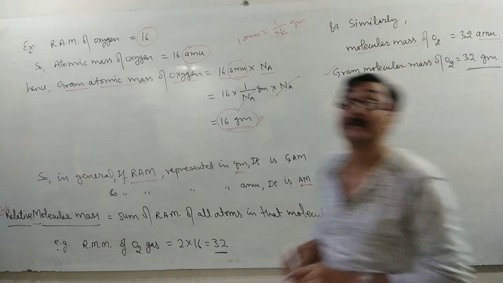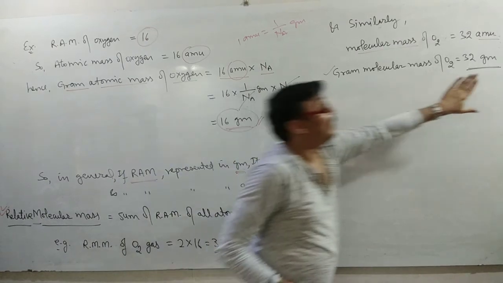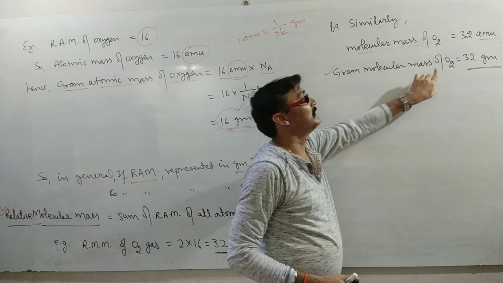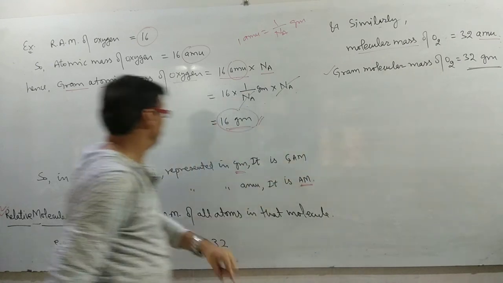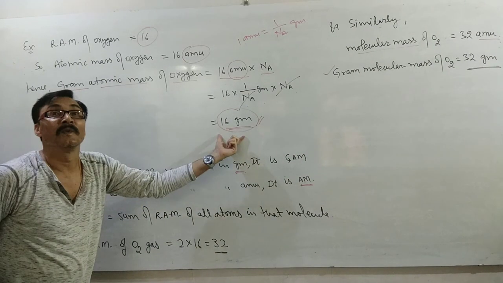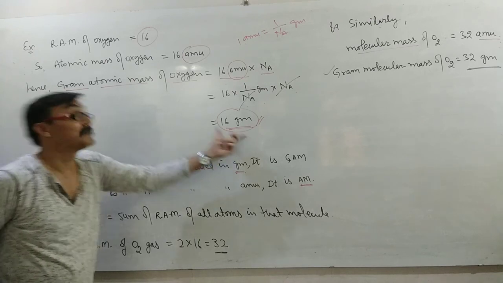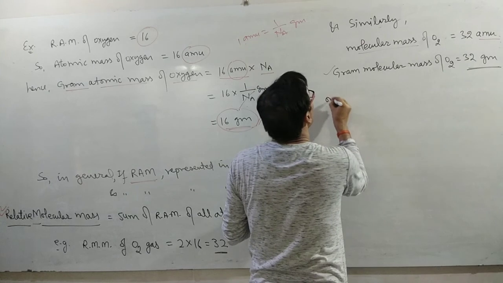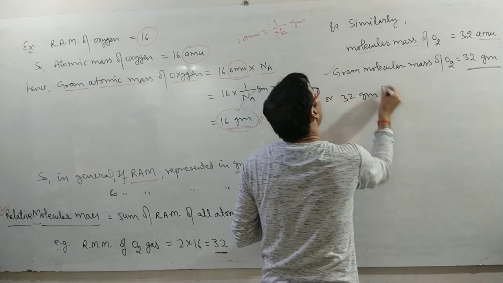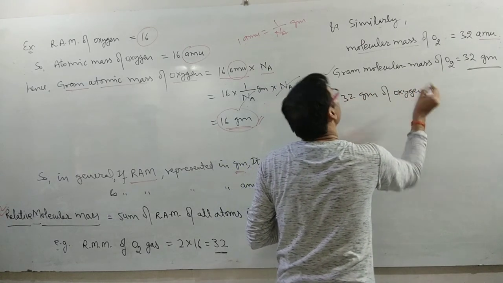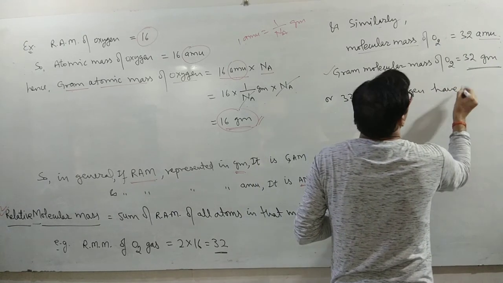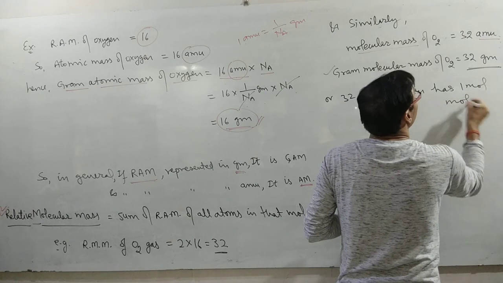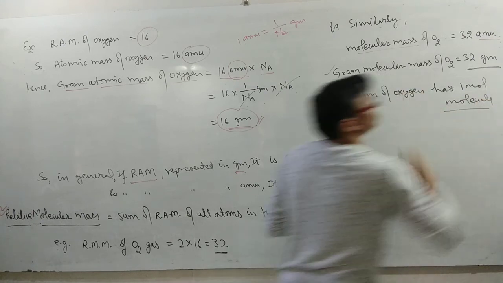So it is clear, 32 gram of oxygen contains 1 mole oxygen molecules and 16 gram of oxygen contains 1 mole atoms. So guys, 32 gram of oxygen has 1 mole molecules.